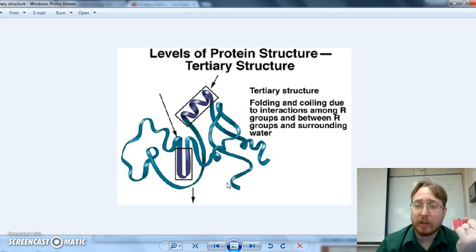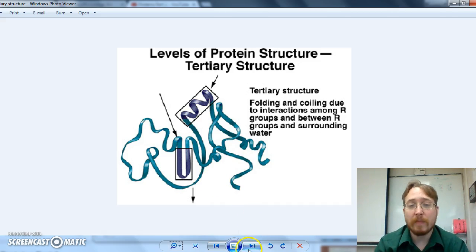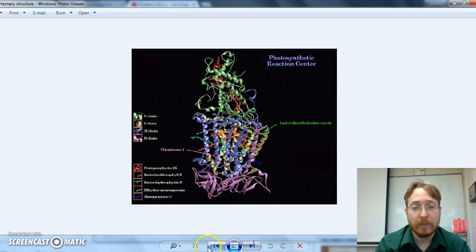Now, for some proteins, this is it. They've been turned into a polypeptide. They have their helices and their sheets formed, and then they curl around those, and they're done. But not everybody. Sometimes you'll get a cooperative group.